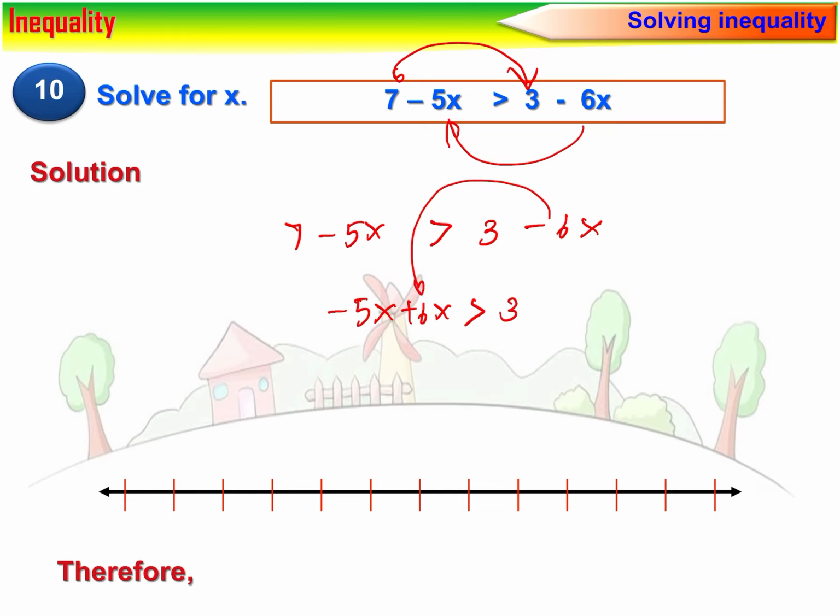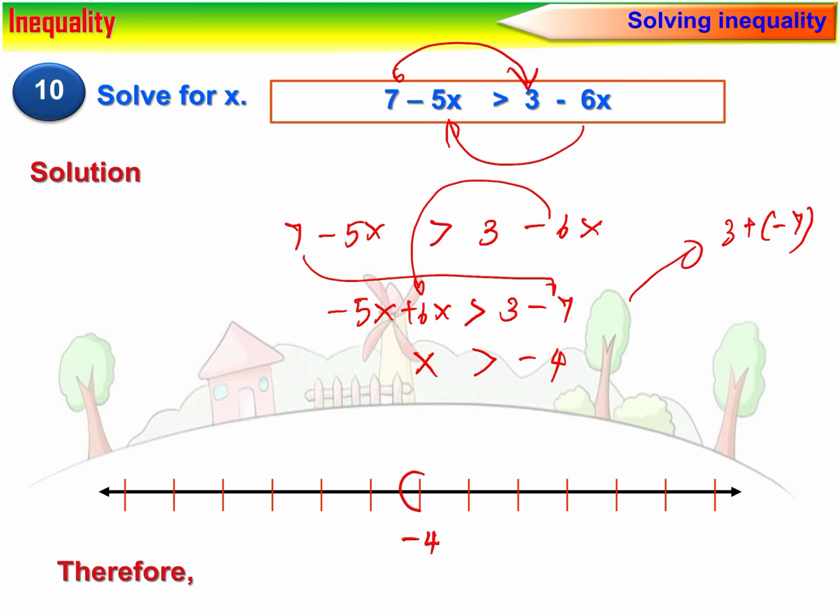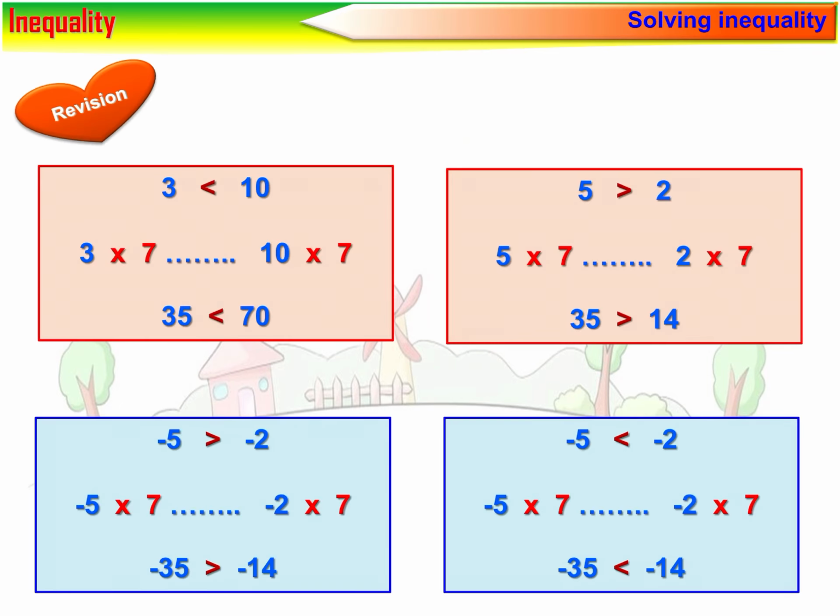Move this to this, greater than 3 and 7 on the left hand side, positive 7 goes to the right hand side as negative 7. This one, minus 5x plus 6x, you have only one x left, greater than 3 plus negative 7, so you have negative 4. On the number line you need to have negative 4, open circle, greater than, go to the right hand side, okay.